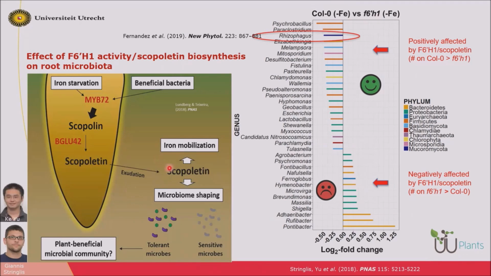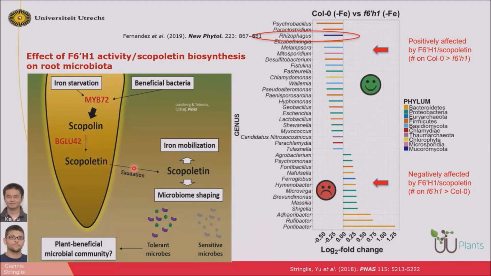Here we summarize what I told you so far. Beneficial bacteria, such as the Pseudomonas bacteria that I talked about, induce the expression of this transcription factor MIP72 in the roots. This leads to the biosynthesis of coumarins, such as scopolamine and scopolamine. BGLU activity, which is regulated by this transcription factor, is required for the conversion of scopolamine into scopolamine.